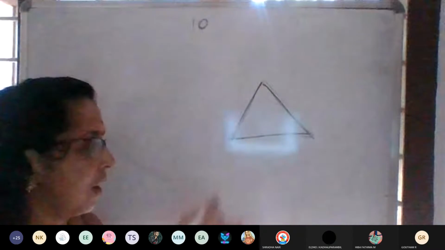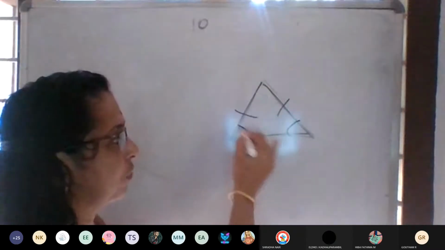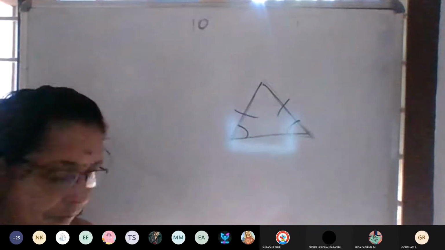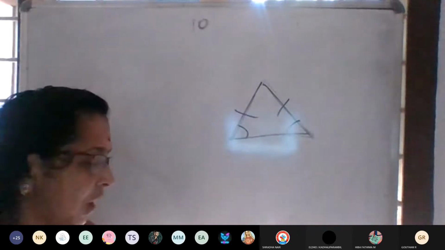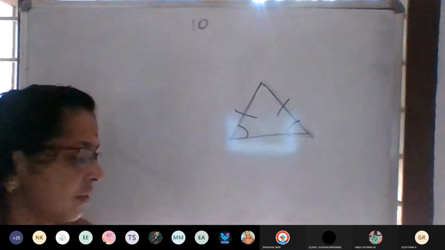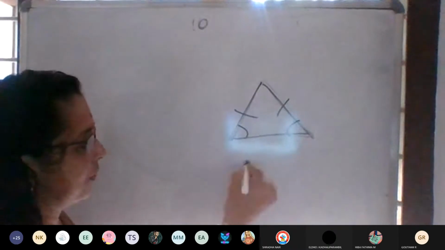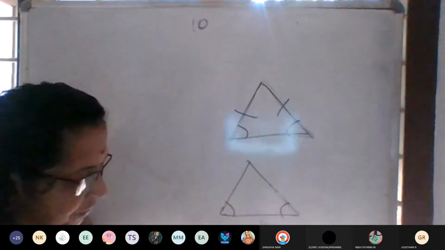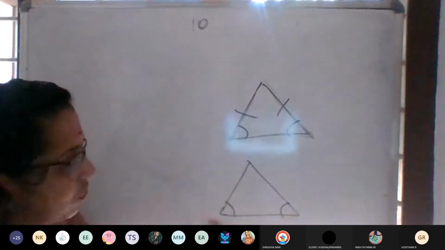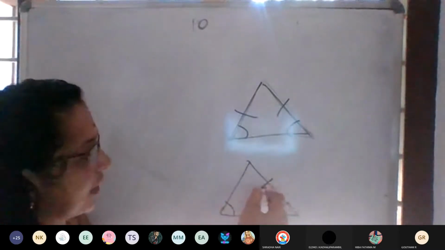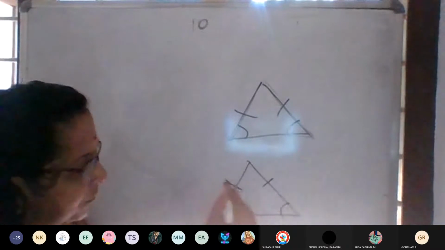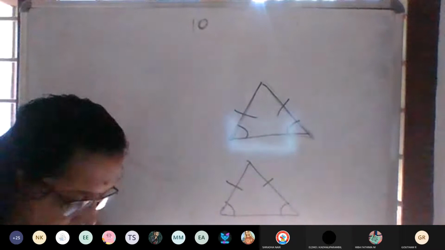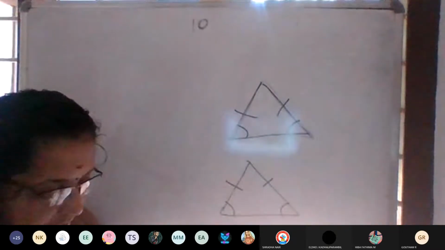Then theorem number 2: if two angles of a triangle are equal, the sides opposite to them are also equal. Already we explained all these things.